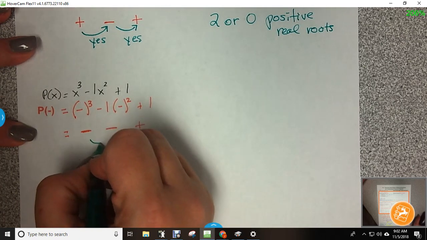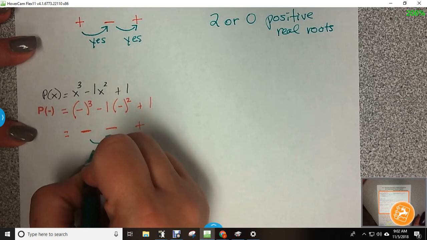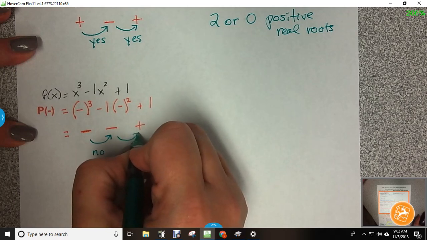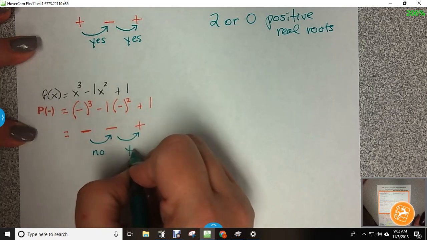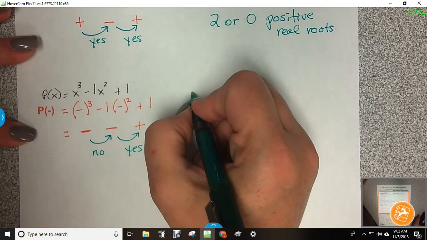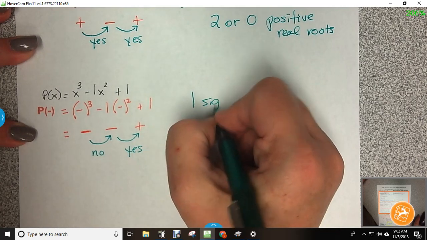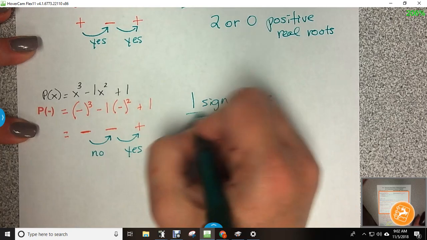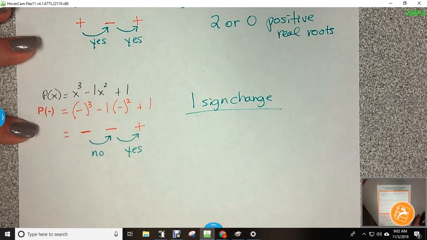So from here to here, did my signs change? No. From here to here, did my signs change? Yes. Since I have one sign change, I'm already at 1, so I'm not going to have to decrease this.